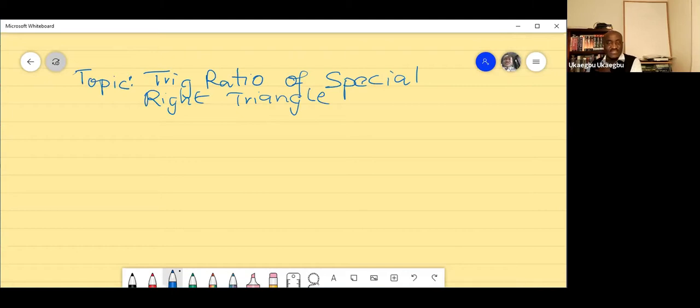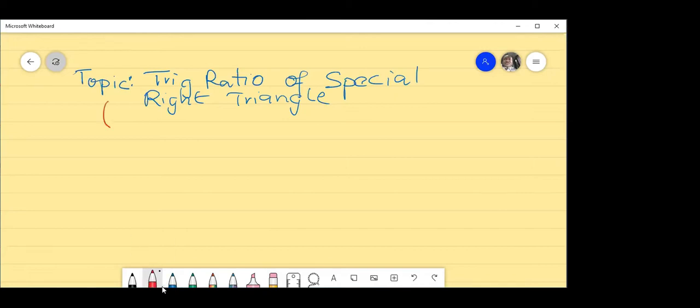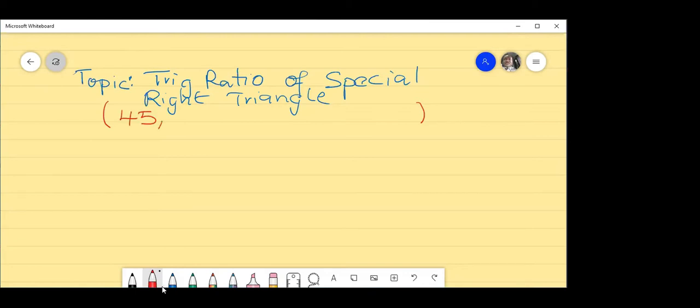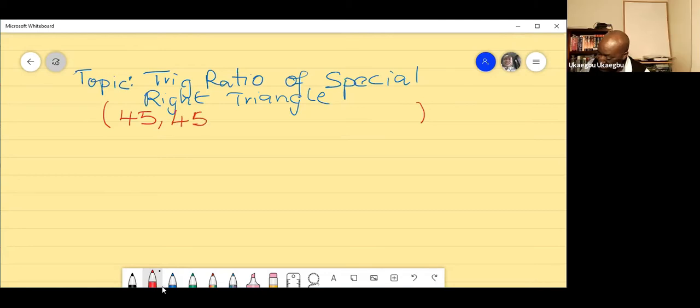Okay, so now what are these special right triangles? Who has an idea of what you think they are? 45, 45, 90 triangles and 30, 60, 90 triangles. Okay, somebody said 45 degree, 45 degree, 90-degree triangle. I like the way you say it.